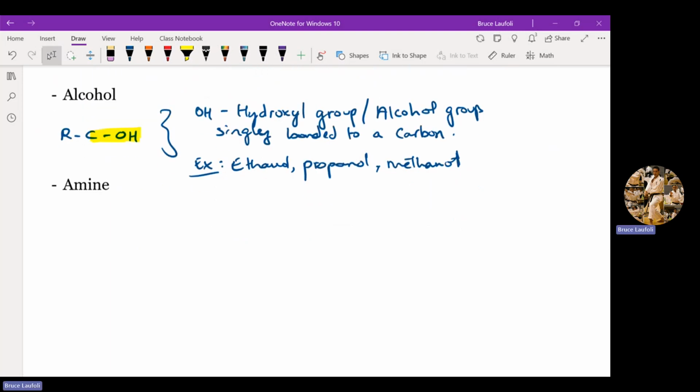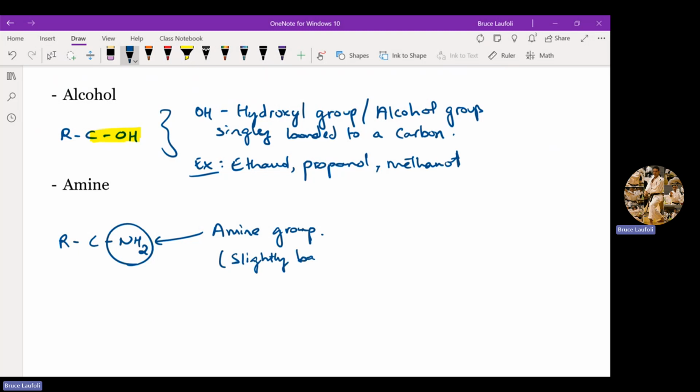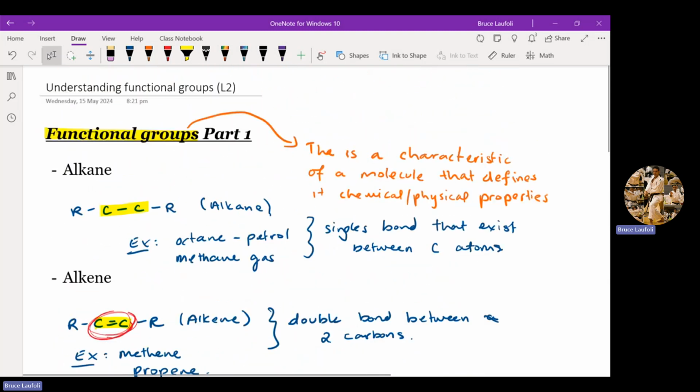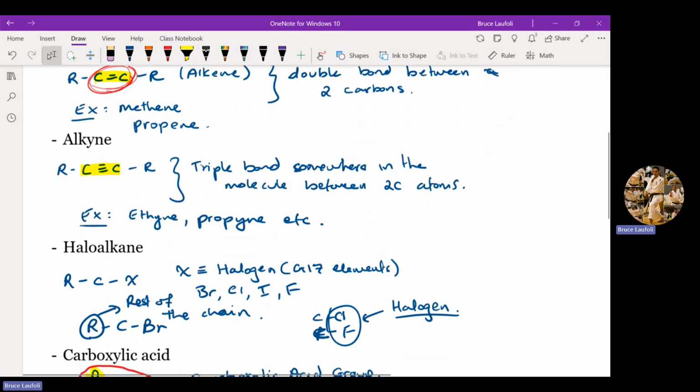And then the last functional group that we can have is this idea of an NH2 group. We call this group over here an amine group. Okay, and these amine groups are slightly basic. And yeah, so essentially this covers all the functional groups that you need to know.